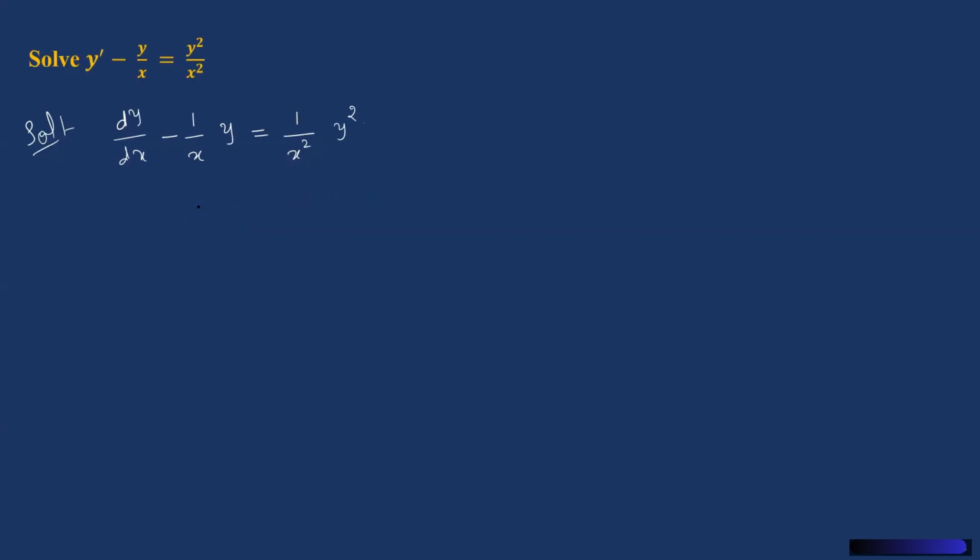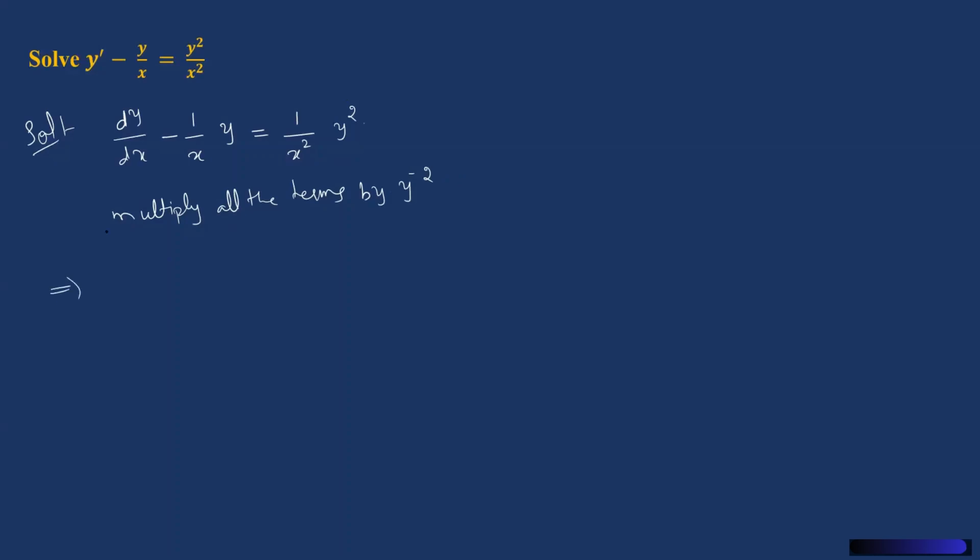To reduce this into a linear differential equation, we need to divide all these terms by y square. The first step is to remove this y square on the right hand side. So either you can divide it by y square, or multiply all the terms by y to the power of minus 2. Divided by y square or multiplication by y power minus 2, both are the same, right?